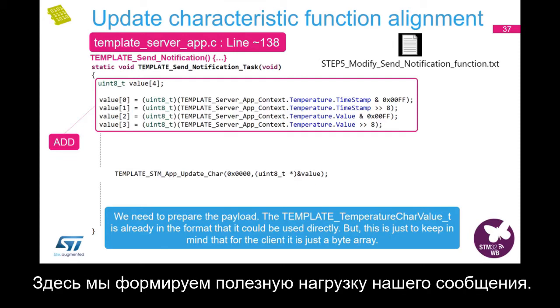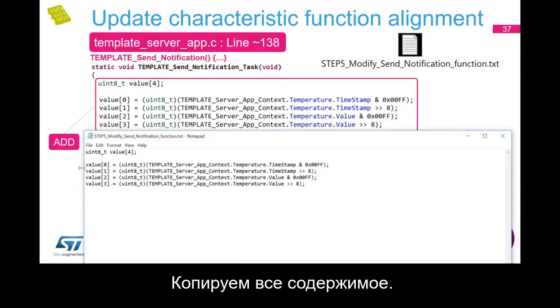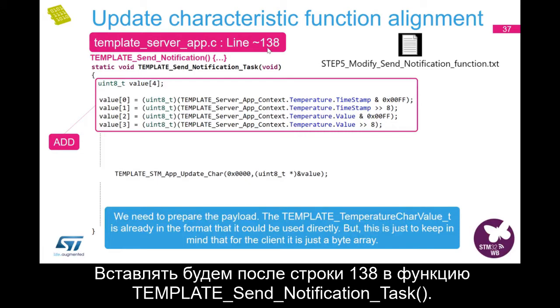This is starting to build up the payload of what we're going to send as our values outbound. If we open our hyperlink, there is our structure. We copy all of that, and now this goes in at line 138 in our notification task.